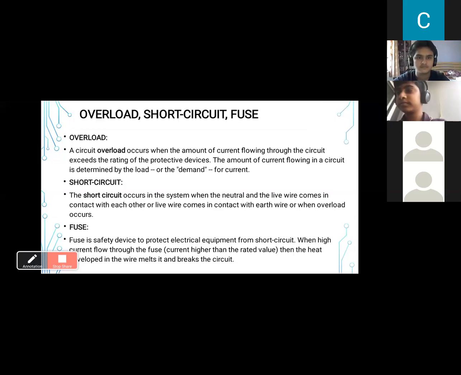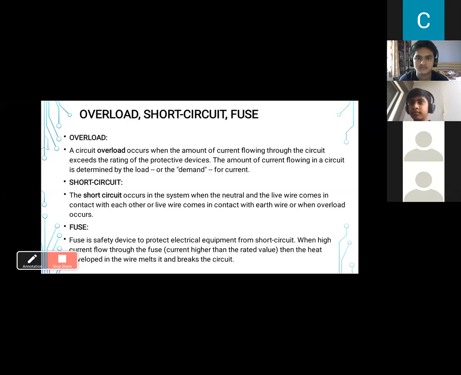What doubt do you want to ask in this overload, short circuit and fuse? Basically what I was asking, I think I figured it out. Every appliance is high rated because it has more resistance. If it has more resistance, it will require more current from the same amount of voltage.